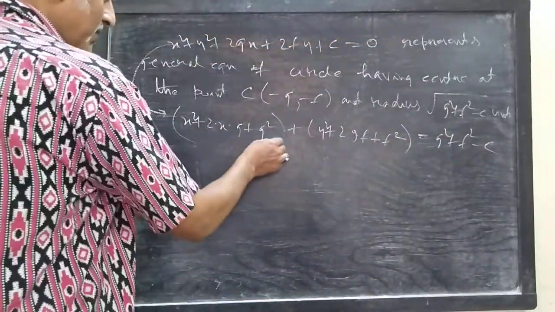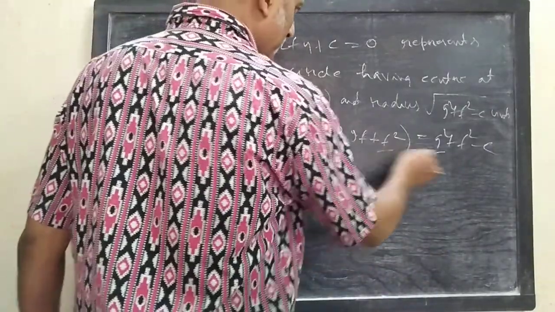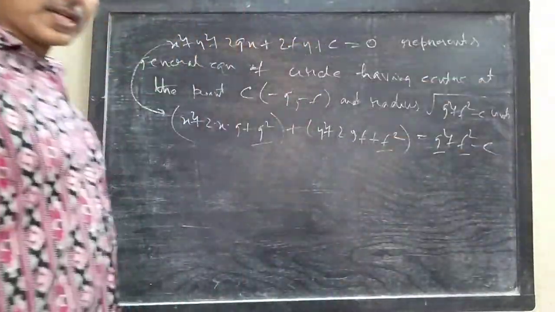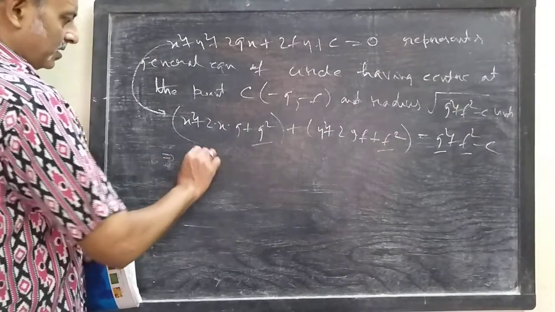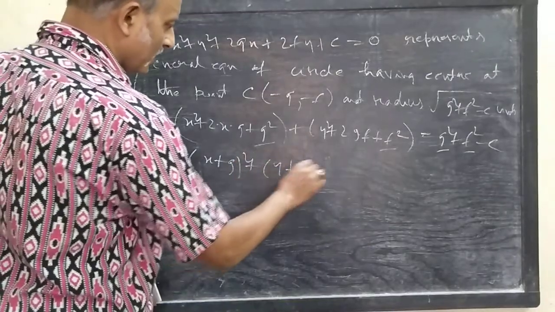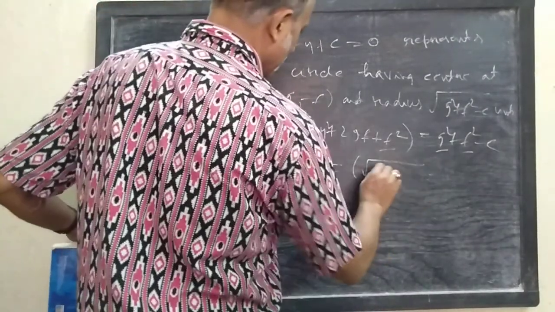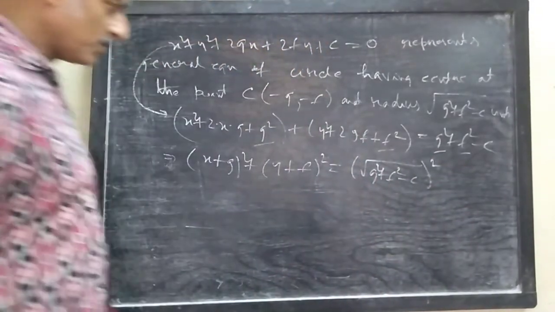Look, here we have written g square, this will balance it. We have written f square, this will balance it, and this plus c, when goes to the right hand side, it becomes minus c. So we get (x plus g) whole square plus (y plus f) whole square equals (root over of g square plus f square minus c) whole square.